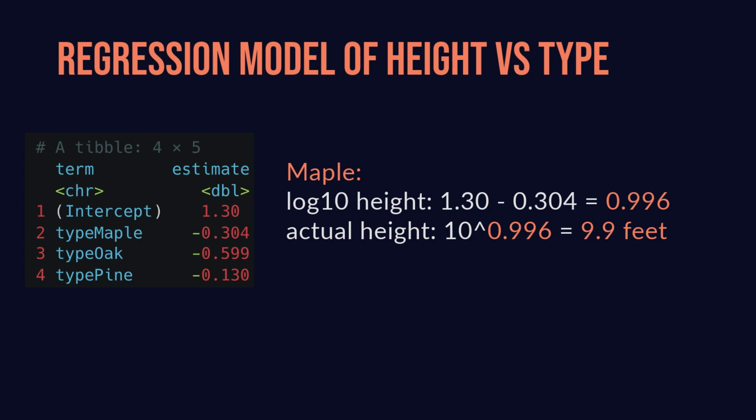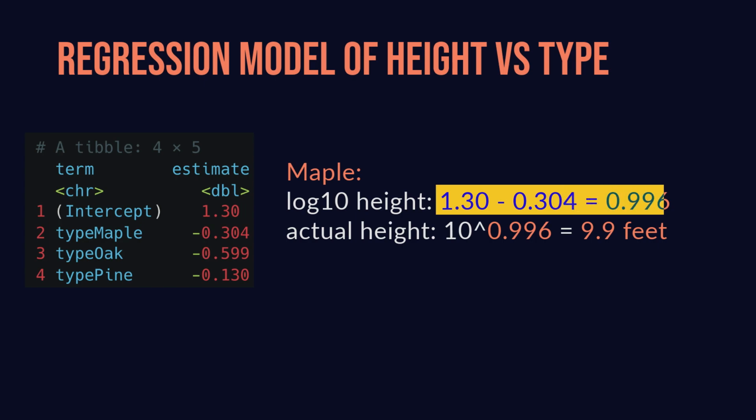The other coefficients are the mean log10 heights of maple, oak, and pine, and are calculated relative to the birch tree. For example, if we subtract 0.304 from the intercept 1.3, we get the mean log10 height of maple of 0.996.